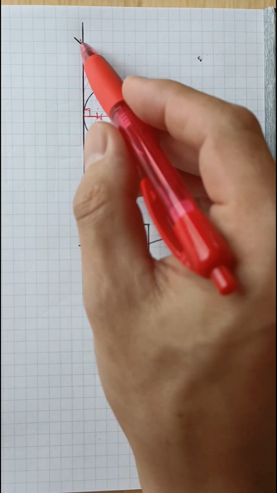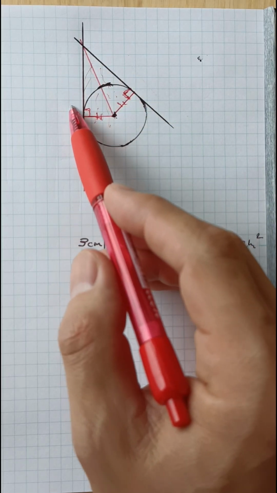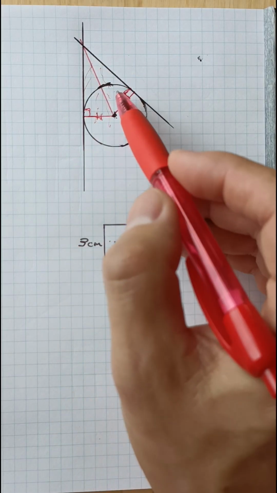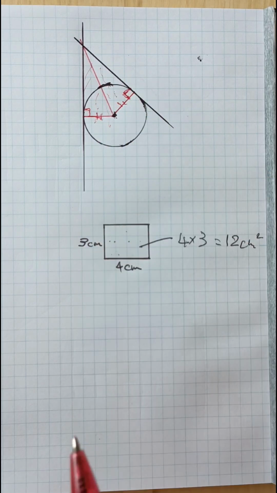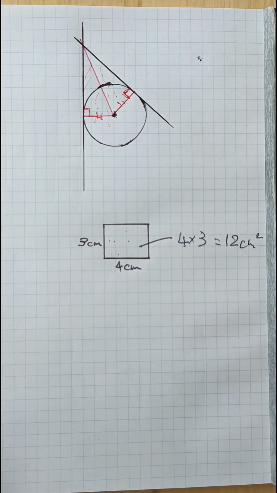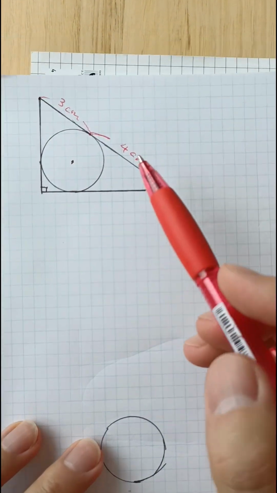Because this line is shared, and this length and this length are the same. So this triangle and this right angle triangle are exactly the same shape. So if you understand these two, you can actually find the area of this right angle triangle.